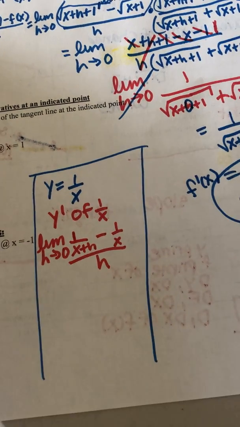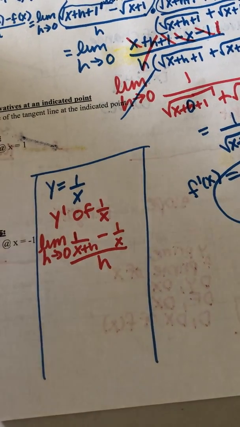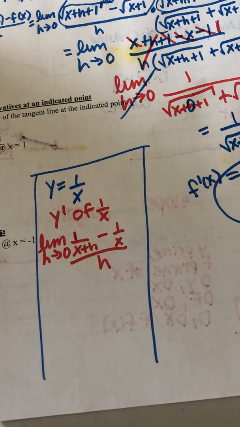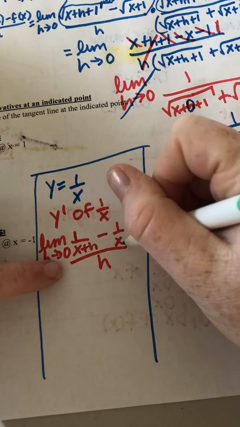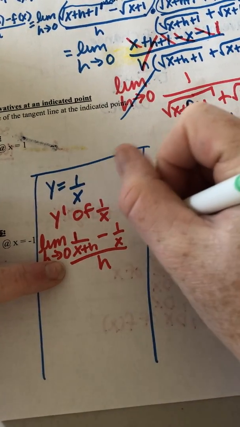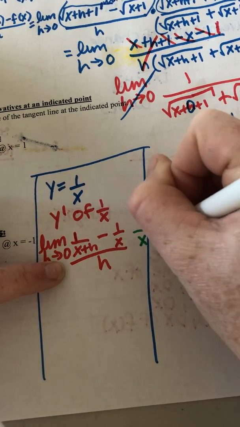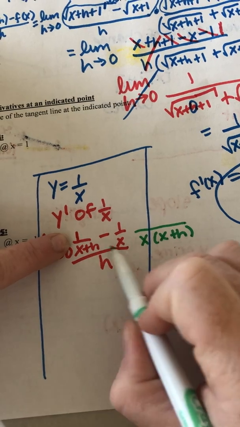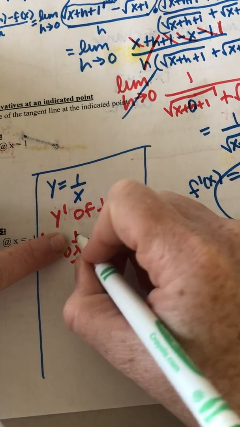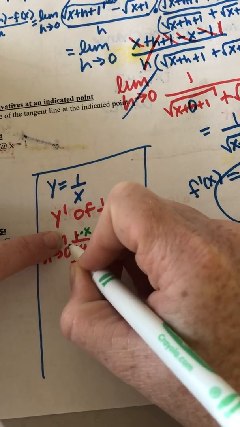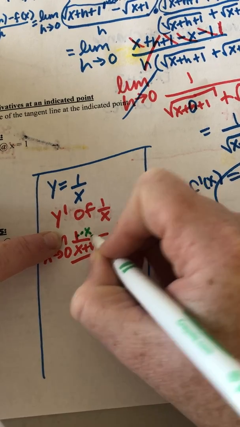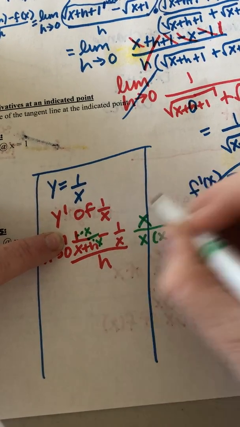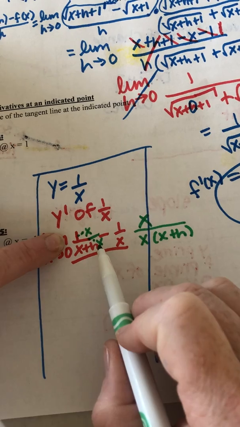And now this is the common denominator type of problem. Your common denominator of the numerator is going to be x times x plus h. Your first group is missing an x, so I need to times that by x over x. So that will give me x for my first term.